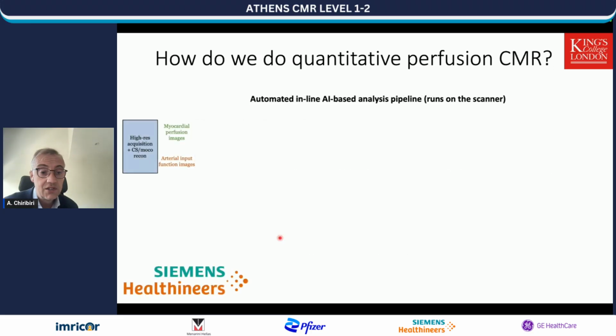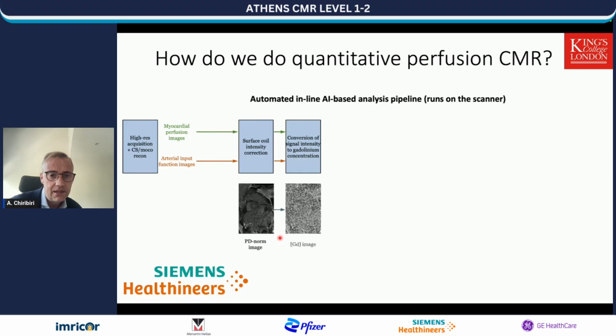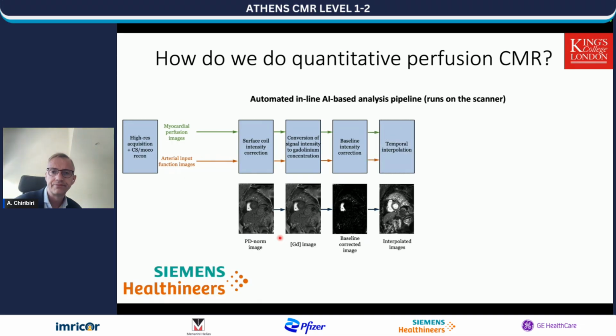The other take-home message is that quantitative perfusion MR is completely automated, and that's made possible mainly by the deployment of artificial intelligence modules directly on the scanners. That's again something that we have pioneered with our main scanner partner, Siemens, where you do not need to have external hardware or connect your computer to Amazon Cloud and send your patient's data to the cloud in order to get high resolution reconstruction and quantification to be performed.